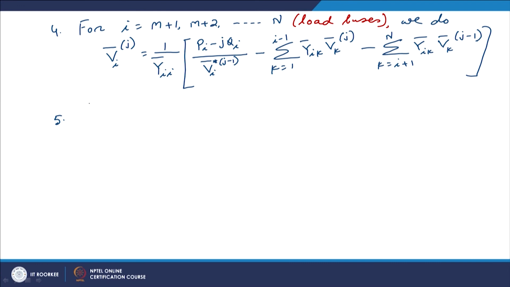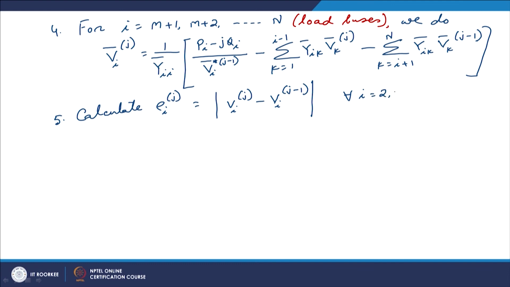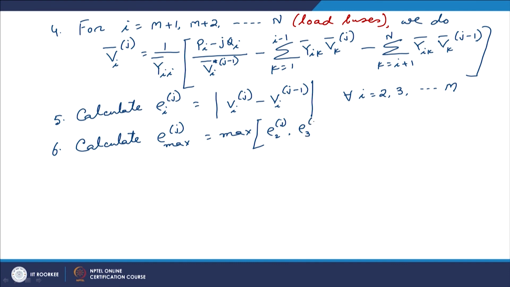Again as before, calculate Eij as magnitude of Vij minus Vi j minus 1 for all i equal to 2, 3 to n, then calculate E max at the jth iteration as the maximum of E2j, E3j, dot dot dot, Enj.